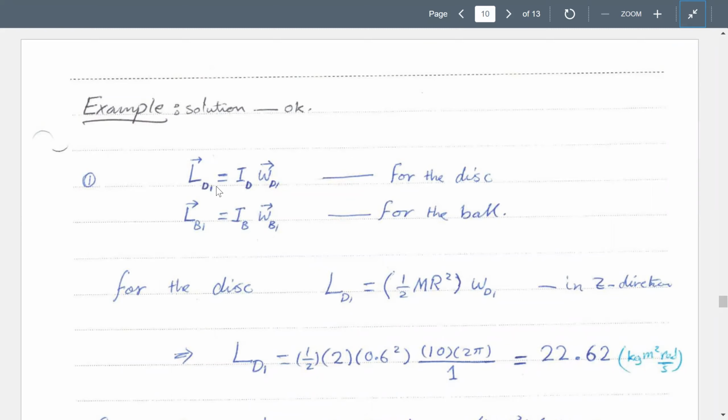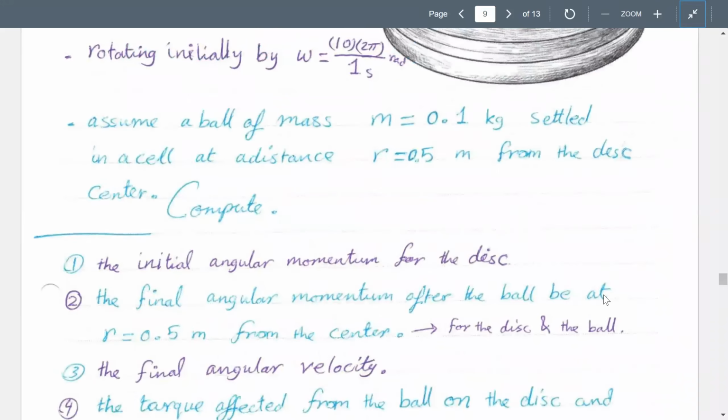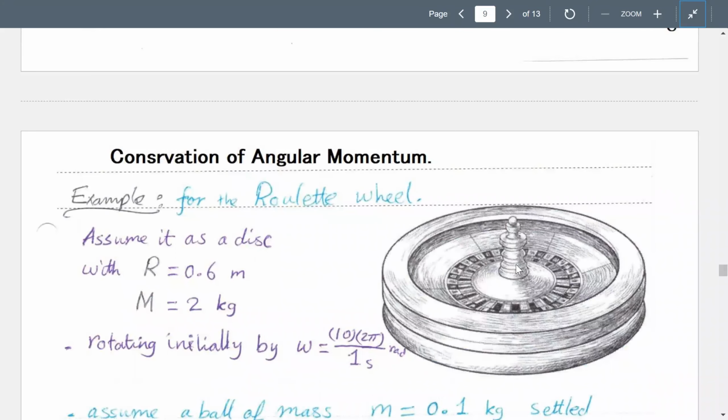I'm talking initially, which is 1 here. For the disk, the moment of inertia is ½ mr² from the table. Its omega is given, 10 rotations per second, in the z direction. All the rotation is in the z direction, as you see.